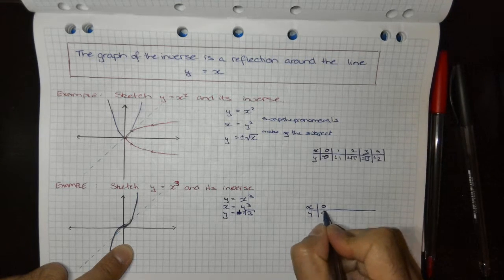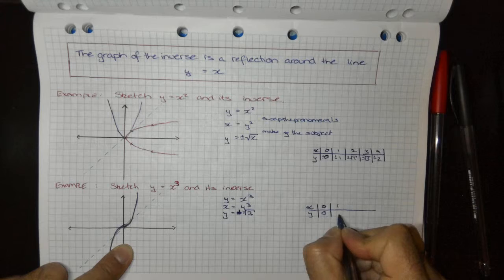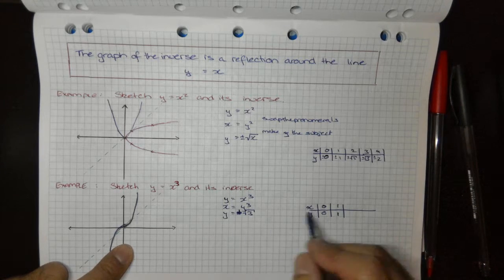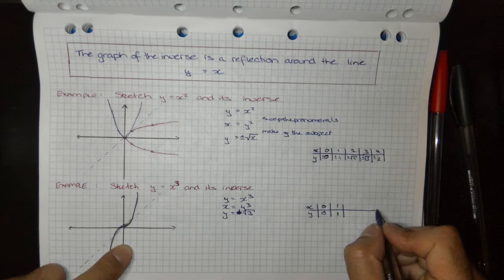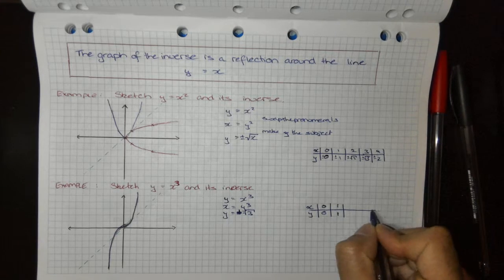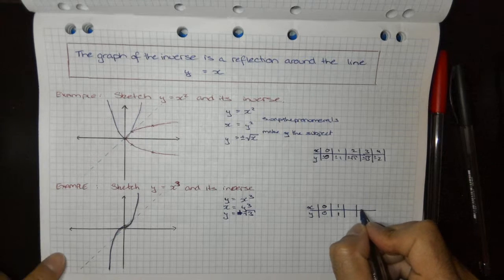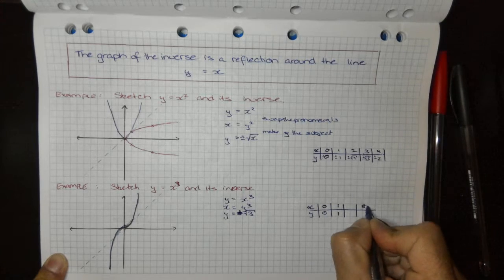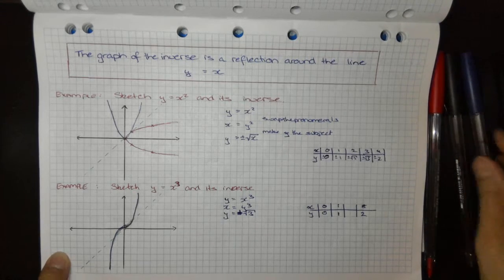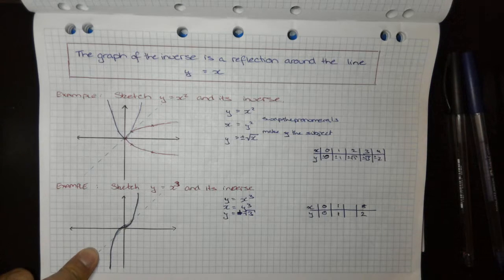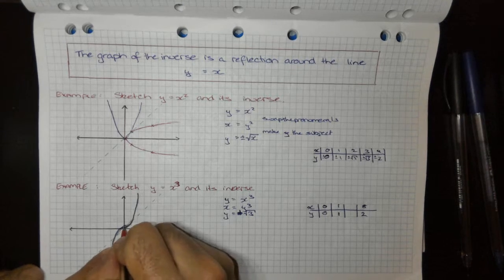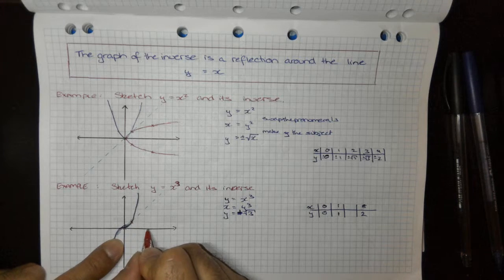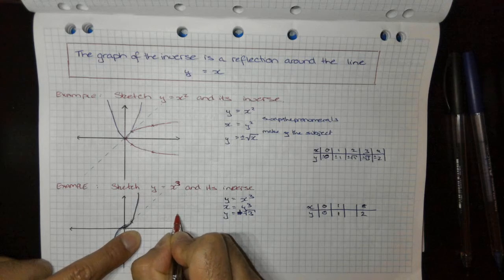the cube root of 0 is still 0. The cube root of 1 is 1. The cube root of 8 would be 2. Okay. And obviously these will be all positive. Okay, so we have 0, we have 1, 2, 4, 6, 8 would be 2.